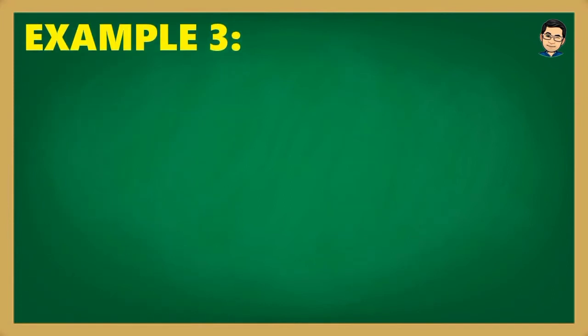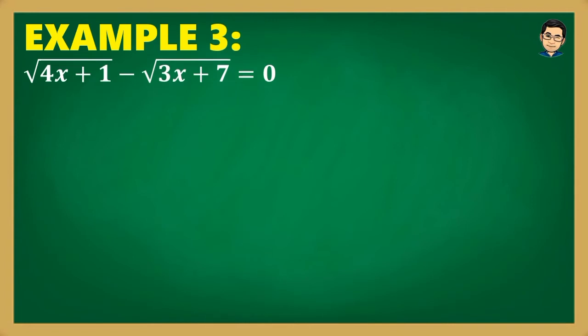Next, example number 3. The square root of 4x plus 1 minus the square root of 3x plus 7 is equal to 0. If we notice, there is more than one radical expression on the left side: the square root of 4x plus 1 and the square root of 3x plus 7.